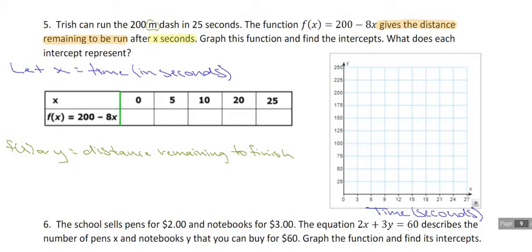Okay, so I'm going to go to my y-axis, and I'm going to label it distance remaining. And it's in meters, so I'm going to indicate that with a little m. All right, and the overall graph here is representing Trish's 200-meter dash.